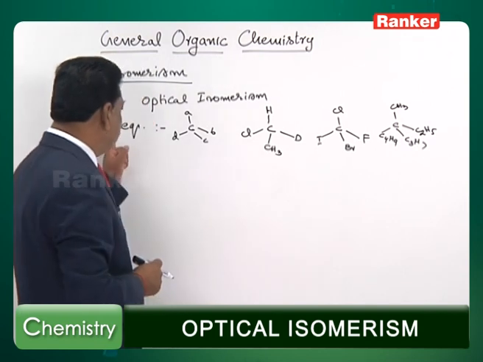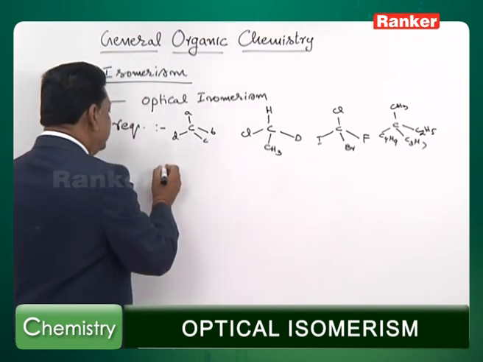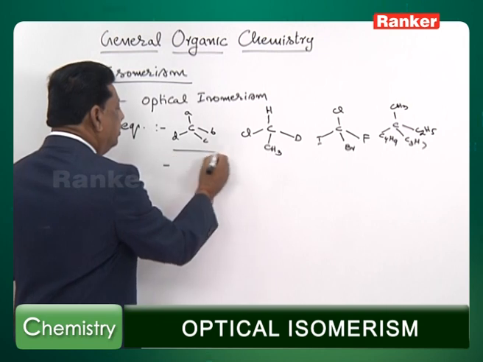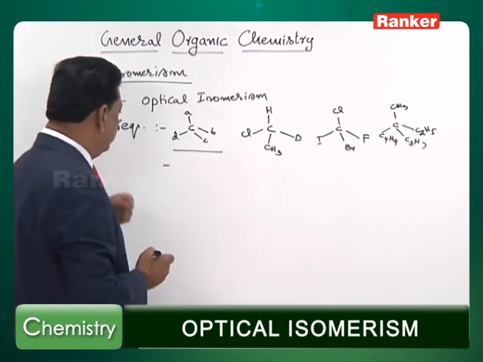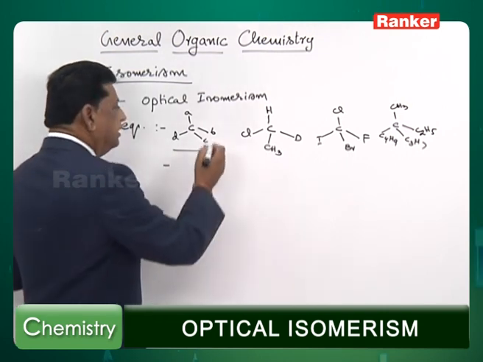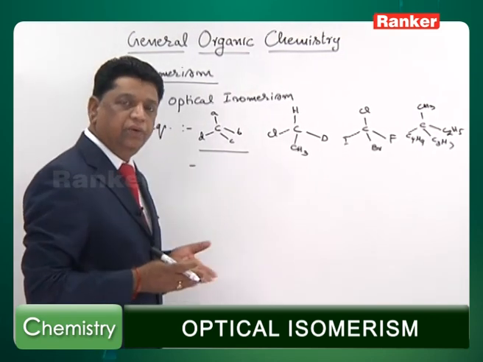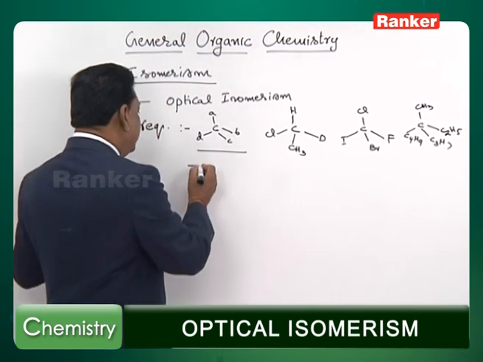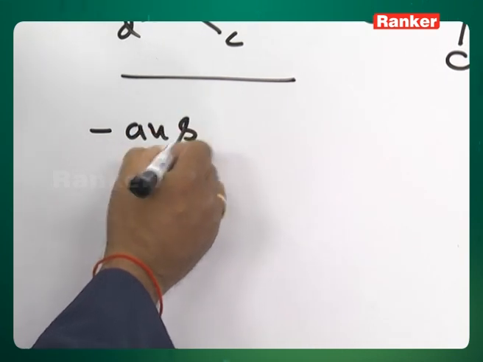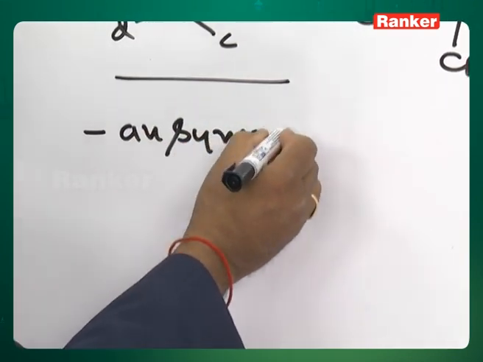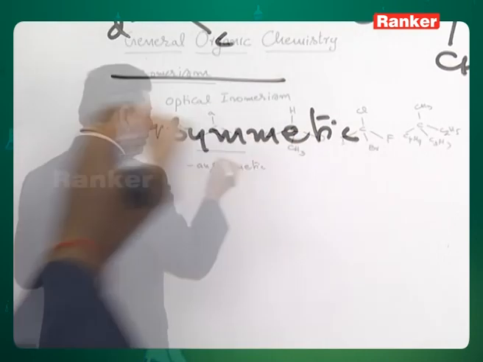Therefore, I redefine the requirement at a second level: the molecule which cannot be cut into 2 halves, that you can say is unsymmetric. Unsymmetric is the real criterion.